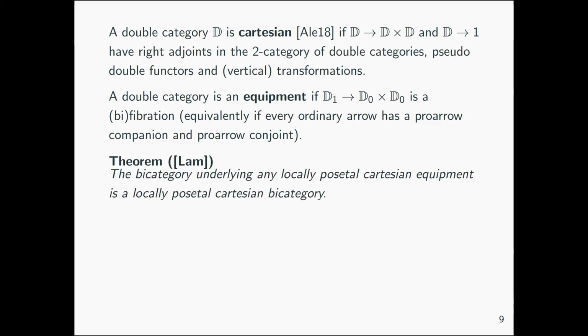And so we're going to cook up a nice generalization here, and the theorem that I think makes this possible is that if you have a locally posetal Cartesian equipment, having this and this, then the bicategory underlying it is a locally posetal Cartesian bicategory.